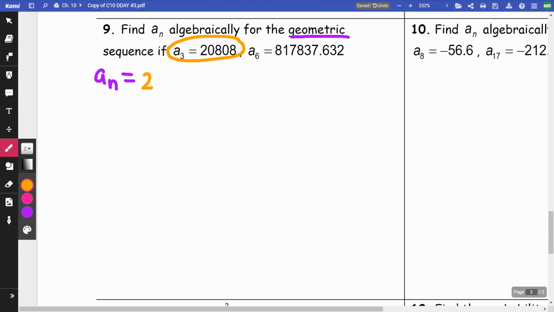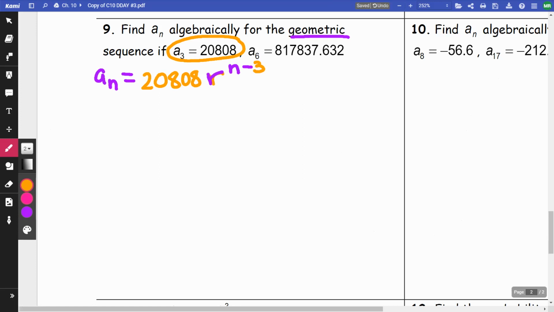So I'm going to go to 20,808 times some r, not sure what that r is. And it is going to be raised to the power n minus 3. And the reason it's a 3 is because that is my third term.